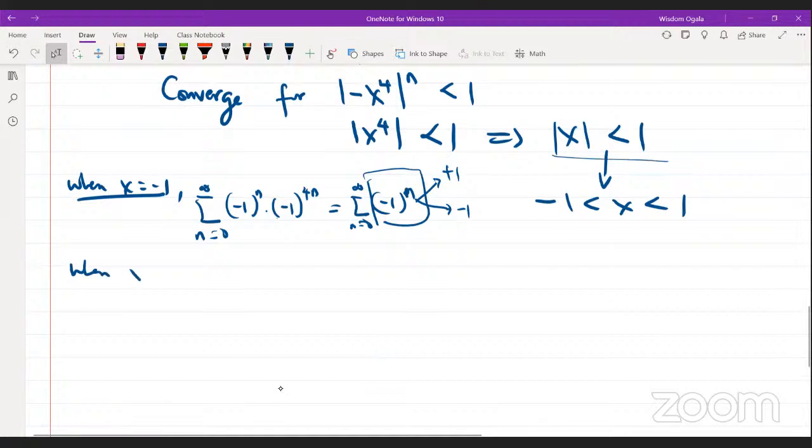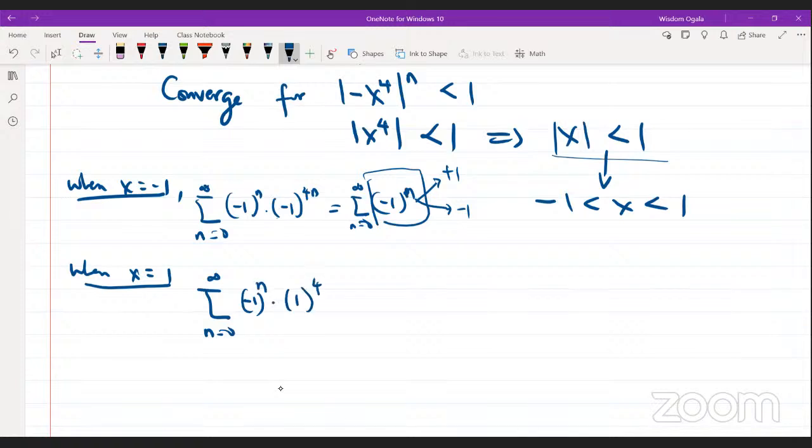So when x is 1, what happens in that case? You have negative 1 to the power of n times 1 to the power of 4n.